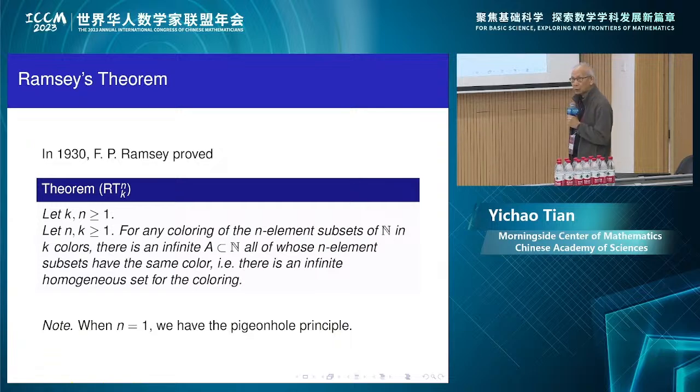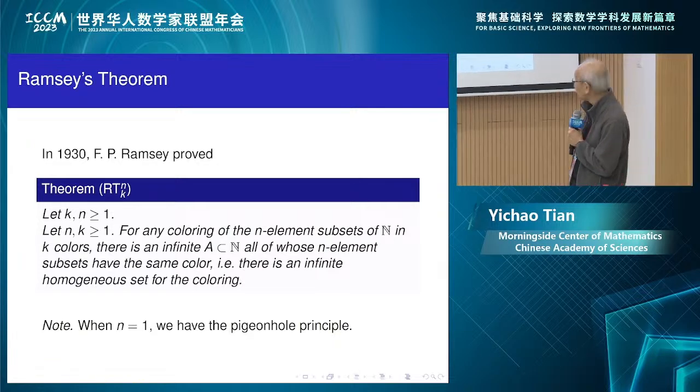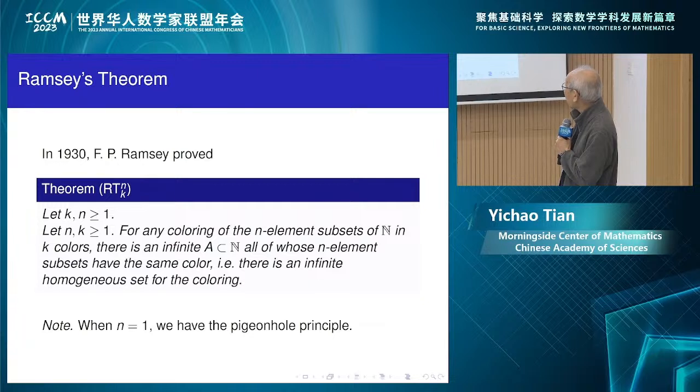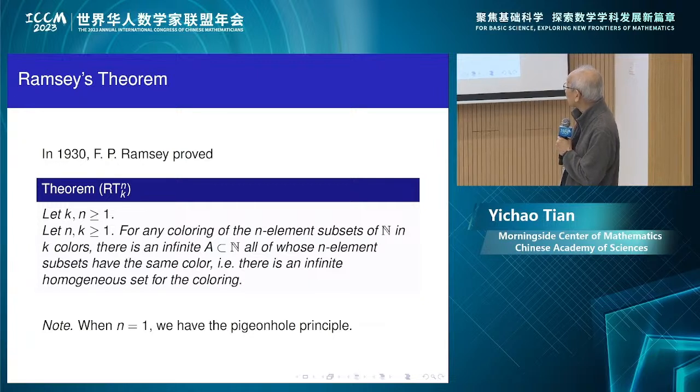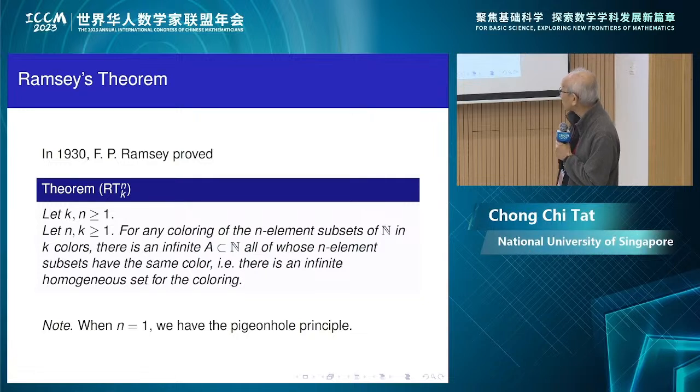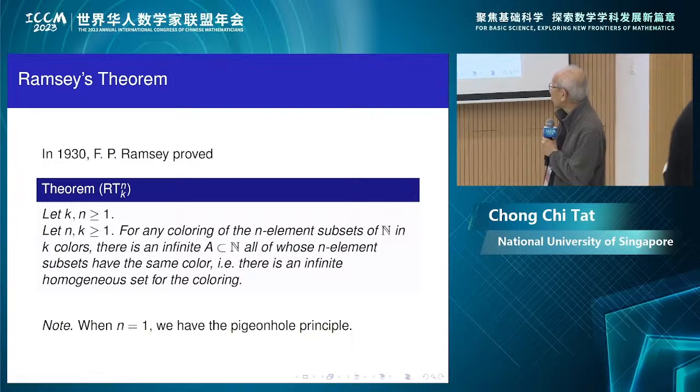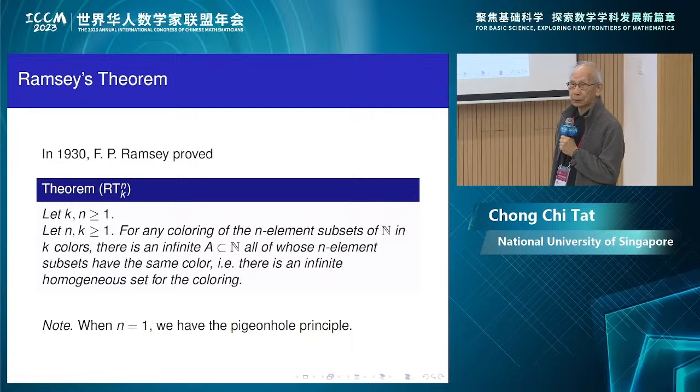we fix any two integers n and k bigger than or equal to 1, and consider the subsets of the natural numbers of size n. So n is fixed, and take all the finite subsets of N, capital N, the natural numbers, and color them in any of the k colors.